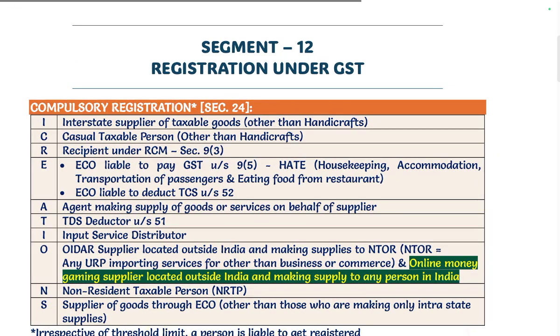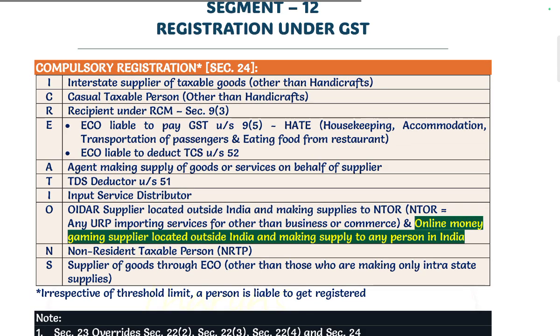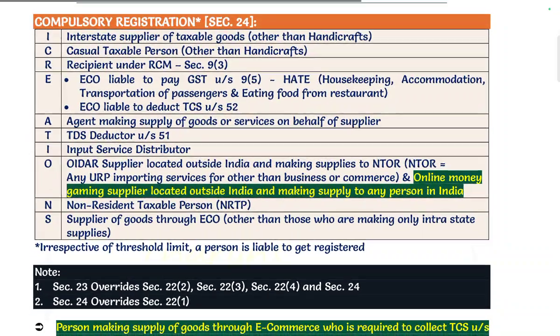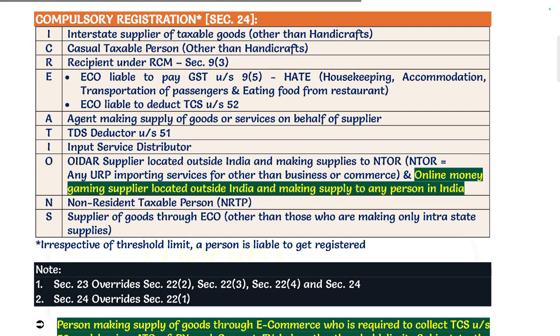Section 22: registration under GST. Compulsory registration under section 24 applies to interstate supply of taxable goods other than handicrafts, casual taxable persons other than handicrafts, and recipients under RCM under section 9(4). Compulsory registration also applies to e-commerce operators liable to pay GST under section 9(5), such as housekeeping, accommodation, transportation of passengers, and food from restaurants, and to e-commerce operators liable for collecting TCS under section 52, agents making supplies of goods and services on behalf of the supplier, and persons liable for TDS under section 51.